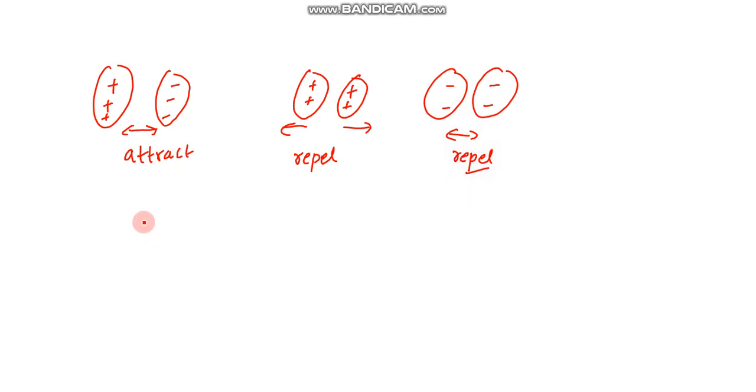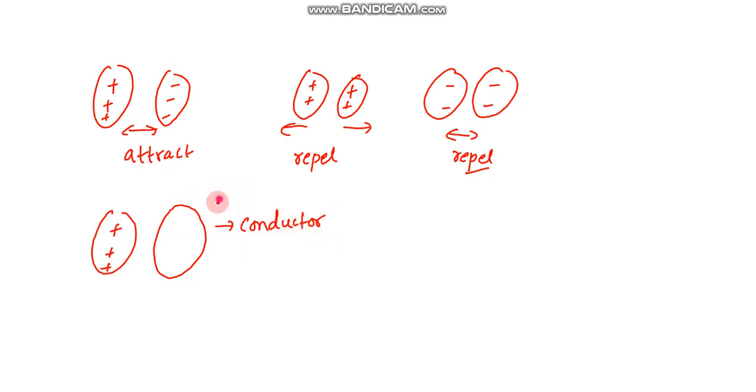Now, for example, if you consider one body, positively charged or negatively charged, I am considering a positively charged body. Near to this, if you bring one more uncharged conductor, or uncharged body, what is the nature of force between these two?